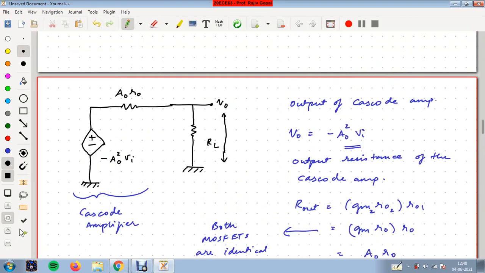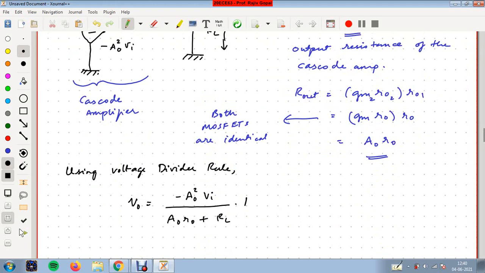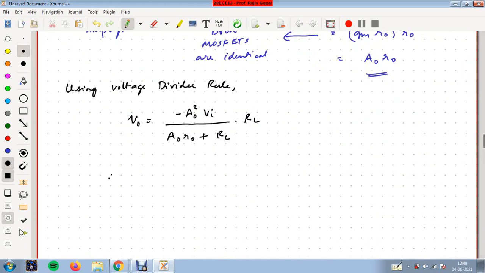This is the current flowing into RL, which will give me V naught. So from this you can write the gain AV as V naught by Vi is equal to minus A naught squared RL divided by RL plus A naught times R naught. So this is my gain equation.